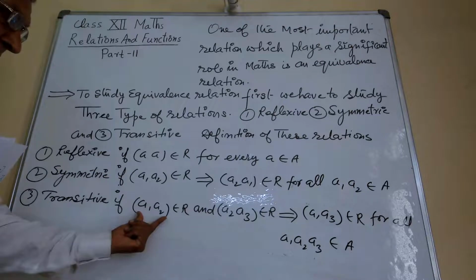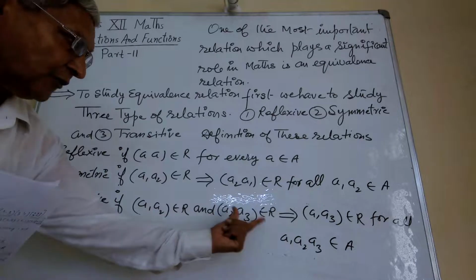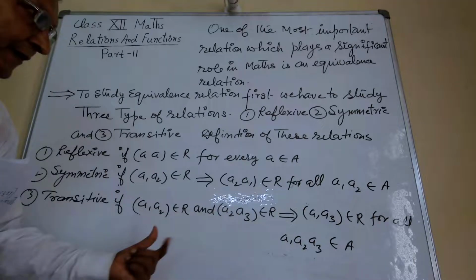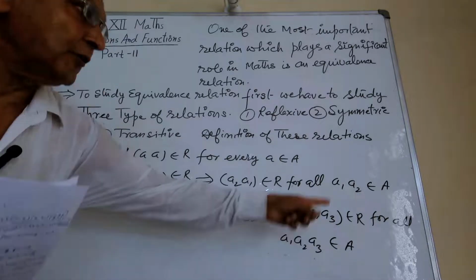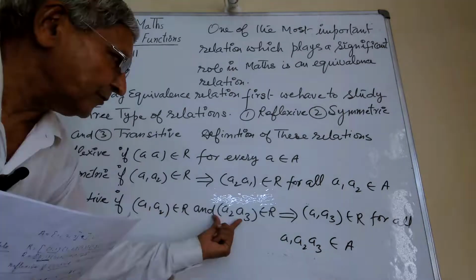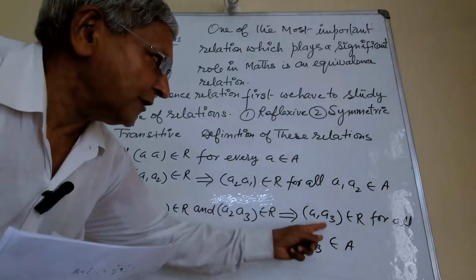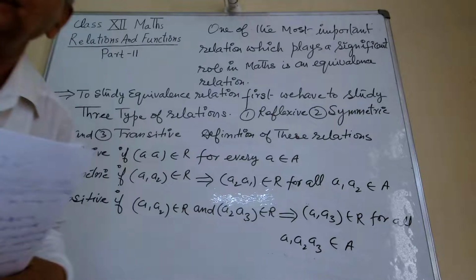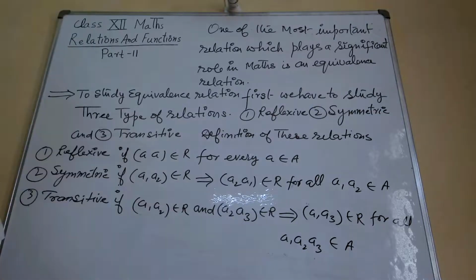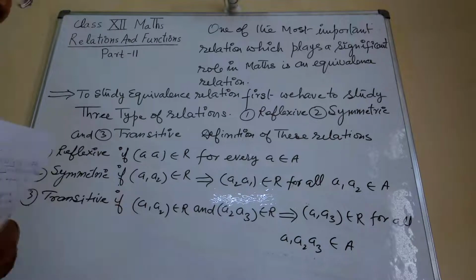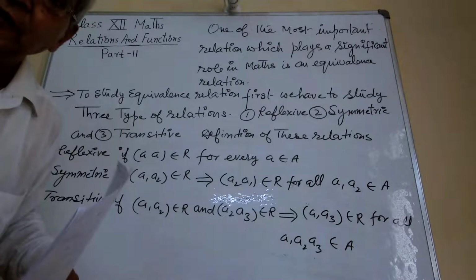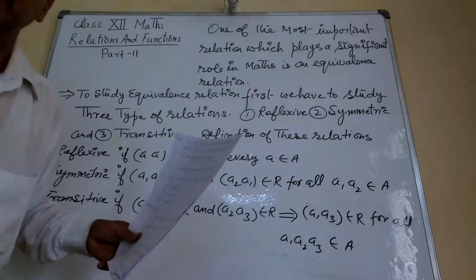If (a1, a2) belongs to R and (a2, a3) belongs to R, this implies (a1, a3) should belong to R. If this pair belongs to R and this pair belongs to R, this pair should also belong to R. It means we have to check these three relations in any relation. If these three relations are proved, then that relation will be an equivalence relation.